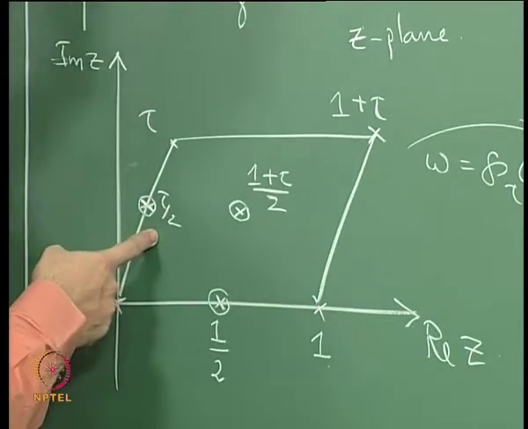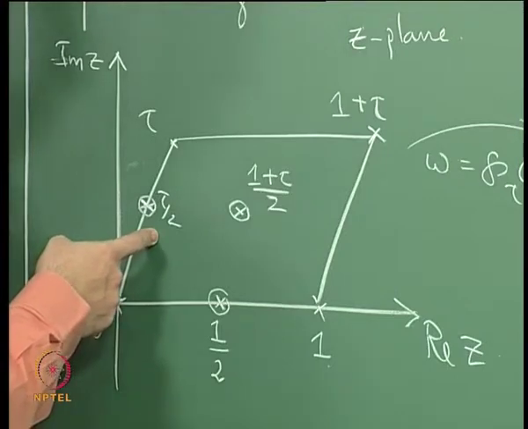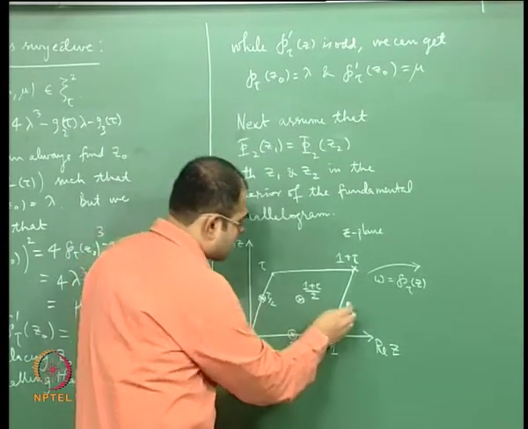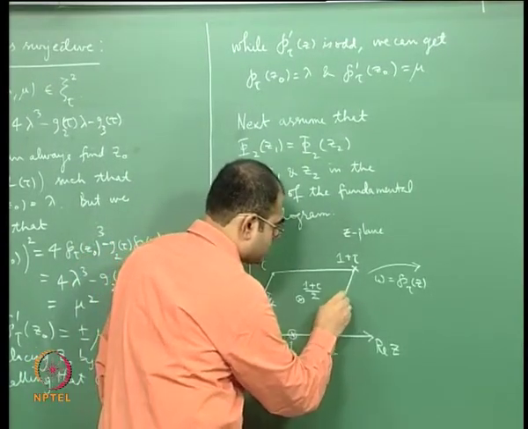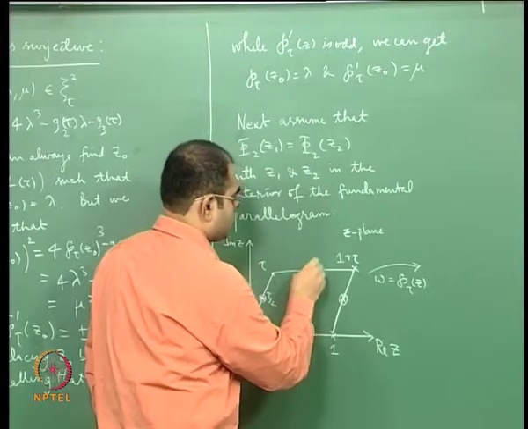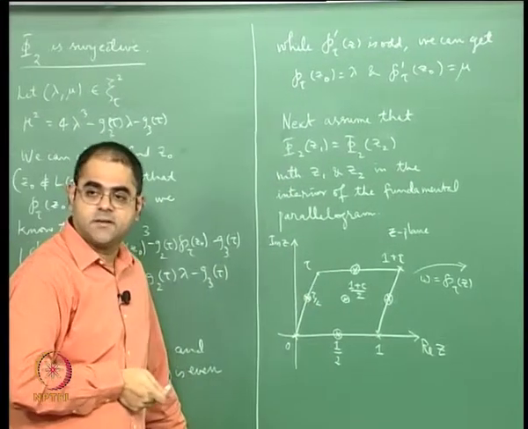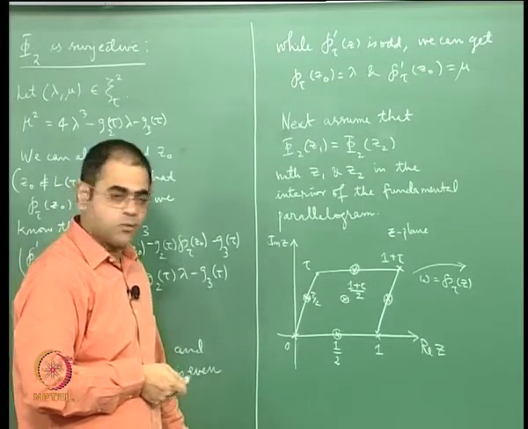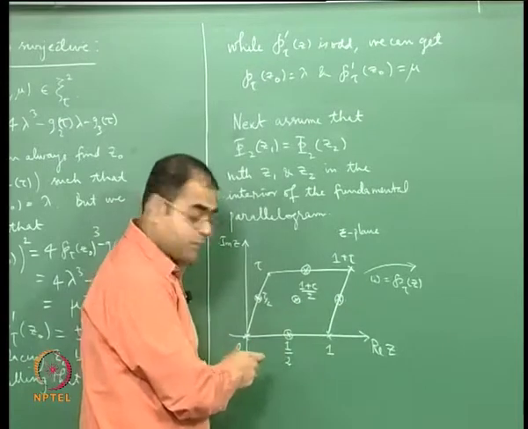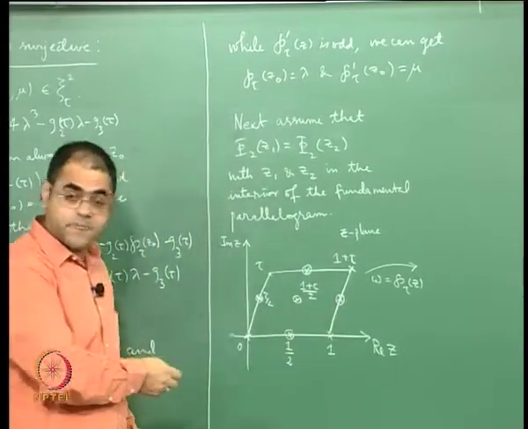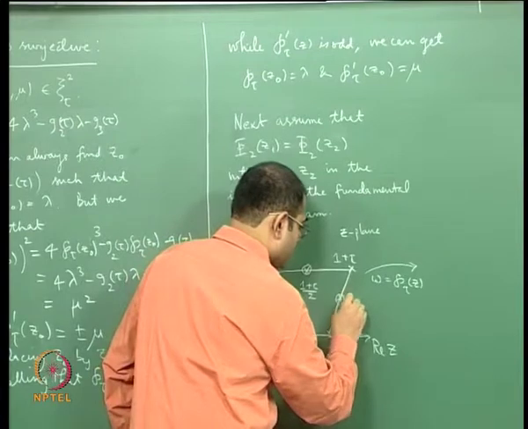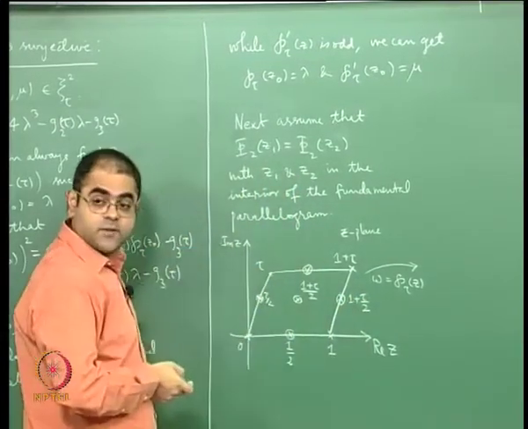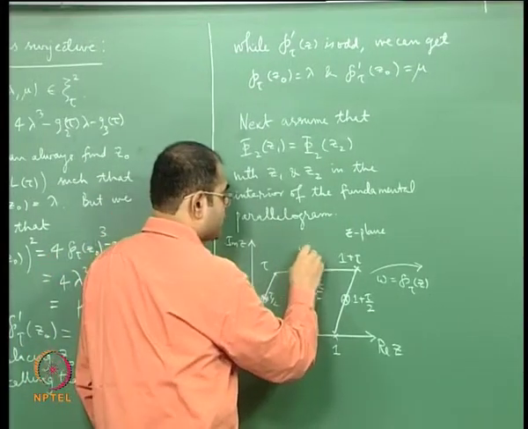And of course you will also have zeros here and here, because phi prime is after all doubly periodic with periods 1 and tau. So this point will also be a 0 of phi prime, that is going to be 1 plus tau by 2, and this point will also be a 0 of phi prime, that will be 1 by 2 plus tau.